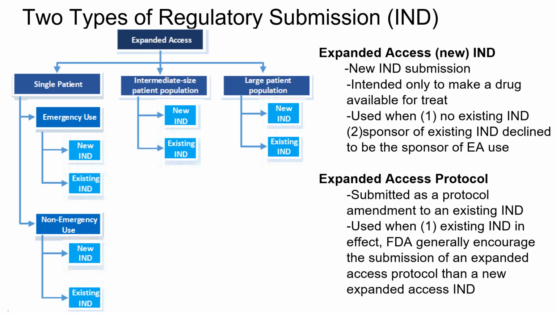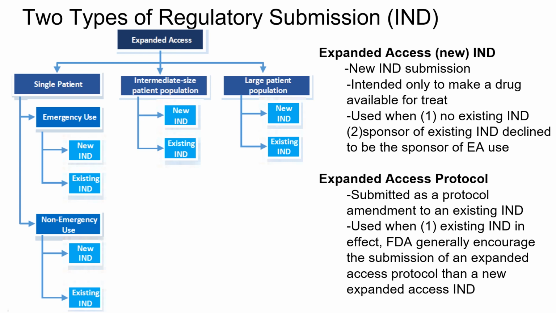The second option is an expanded access protocol submitted as a protocol amendment to an existing IND. So it's known as the expanded access protocol. This is used when there is an existing IND in effect. The sponsor or physician may contact the appropriate FDA review division for a consultation about which may be the most appropriate submission.